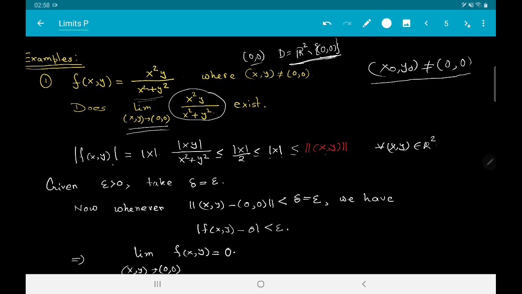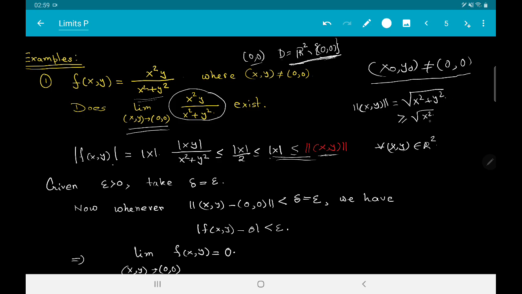So what is a very short proof of this inequality? What is this quantity norm of (x,y)? Recall that this is just given by the square root of x square plus y square, and this is bigger than or equal to the square root of x square because y square is always bigger than or equal to 0.